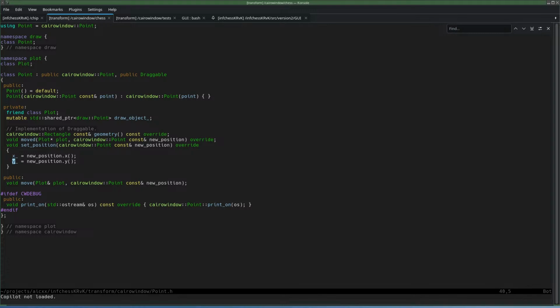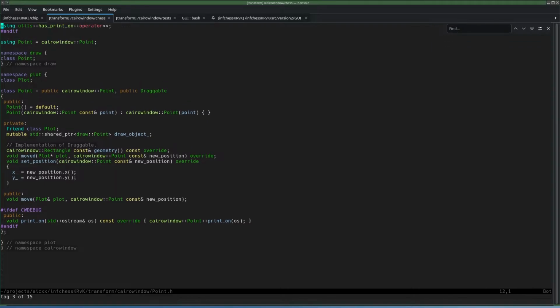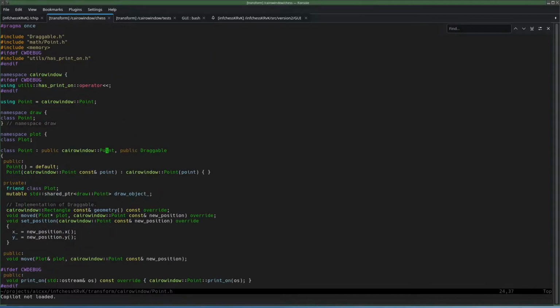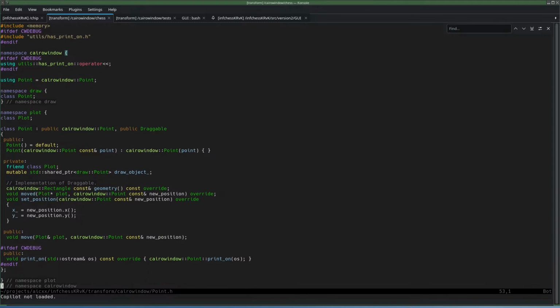This is now attempting to change. Yeah, the cairowindow point is math point, which is now eigen point, which probably does not expose access to the coefficients, let alone call them x and y.